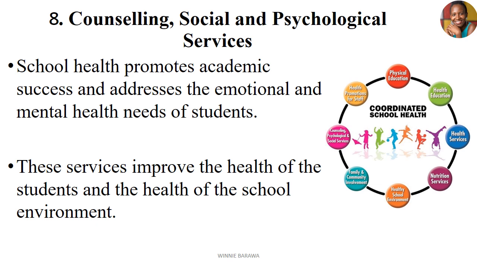So these are components that are very key, and just like you can see on our diagram, these components are widespread from health education to health services, nutrition services, school health environment, family and community involvement, counseling, psychological and social services, and lastly, we have the health promotion for the staff.